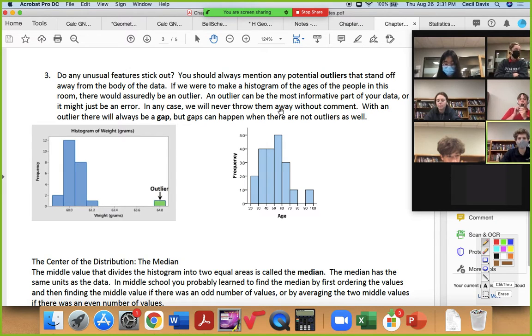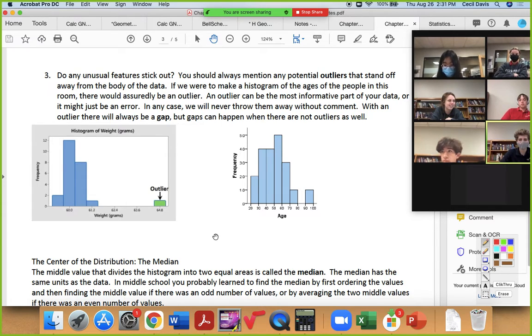I don't know. Now with an outlier, there'll always be a gap, but gaps can happen when there are not outliers. Like on this one, maybe this is an outlier, maybe it's not. Okay, we would have to look at some other things to determine whether it's an outlier or not.